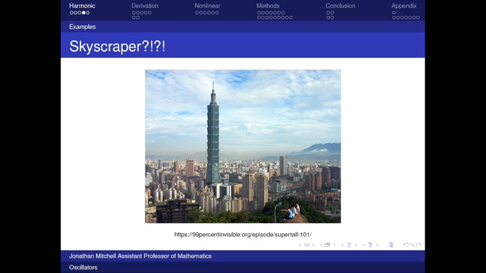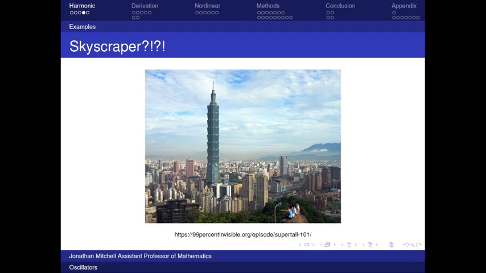And if you were a tenant at the top of that building, you could very likely feel some sway. I can imagine that's quite unnerving to experience as you're thinking, oh my gosh, I'm hundreds of feet into the air. What's going on here? Is it an earthquake? No, that's just some wind, sir. Some wind is pushing this building back and forth.